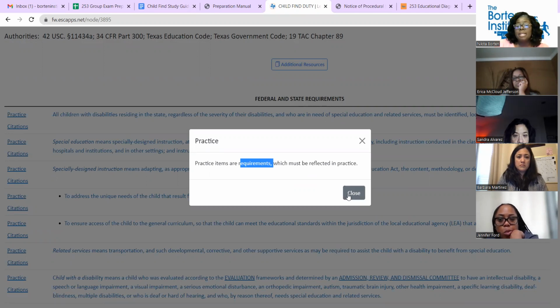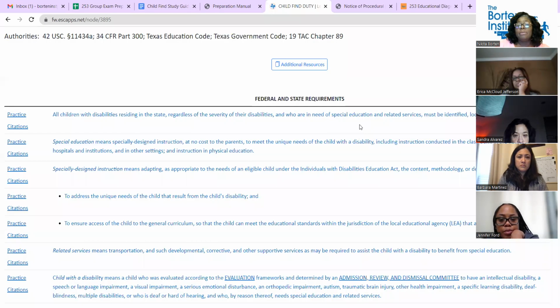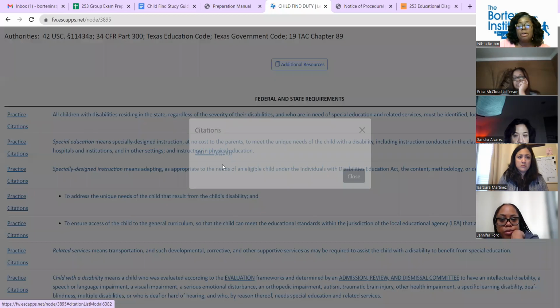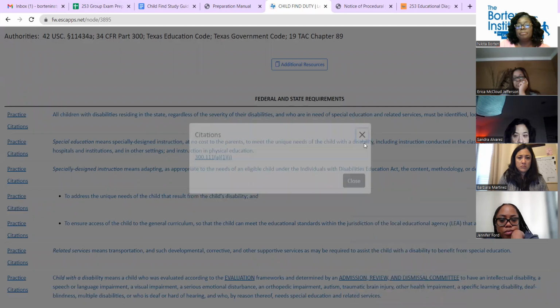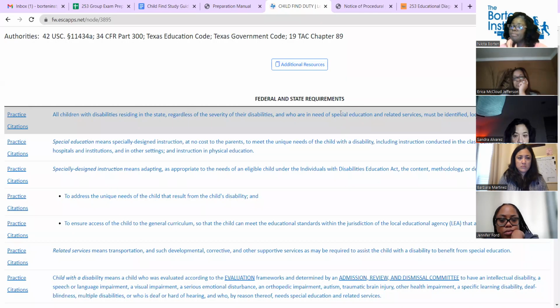This step must be included in what you do. Why? Because the citation that the law states is right here. This is the law that governs this step.